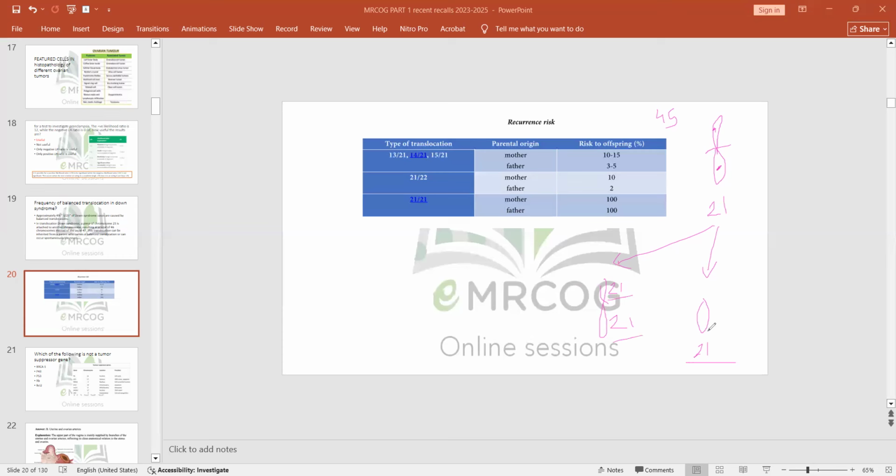Down baby. Okay? So this is why when the translocation is 21, 21, definitely all of their kids are going to be Down.